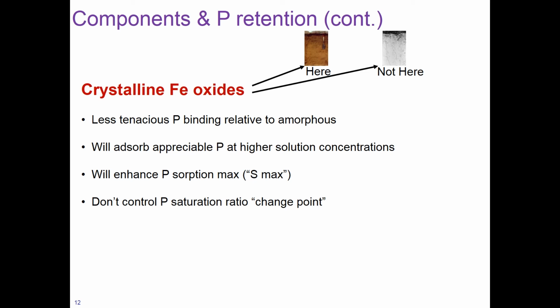Crystalline iron oxides don't control the phosphorus saturation ratio change point or threshold that I mentioned a few minutes ago. They are proportionately higher in BT horizons than in overlying sandy horizons.